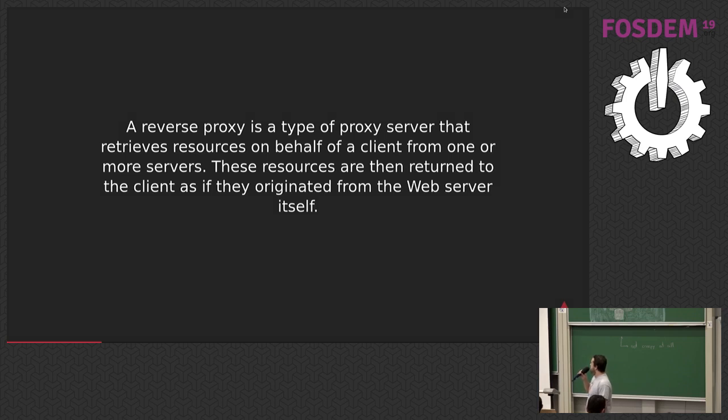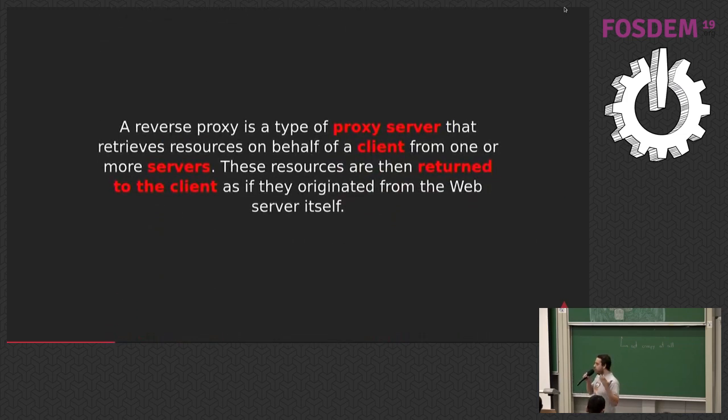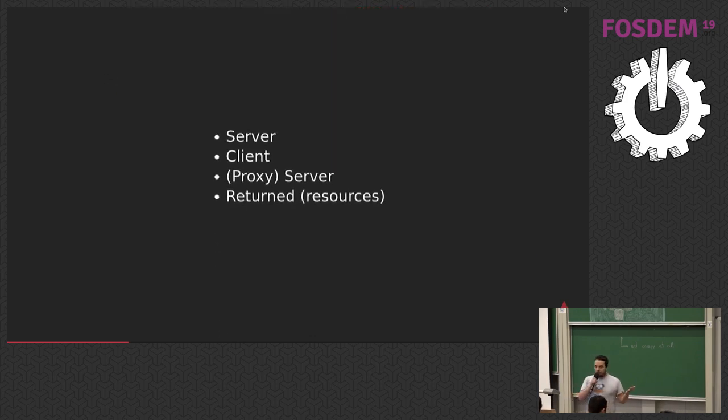And then these resources are returned to the client as if they originated from the web server itself. So, if we highlight the main words of this definition, we can say that a reverse proxy is a proxy server that will return resources from servers to client. So, in this live coding session, we will need a server, we will need a client, and we will code a proxy server that will return resources.